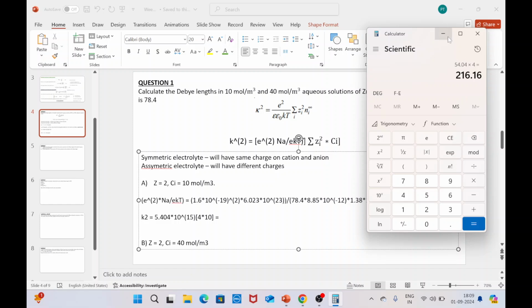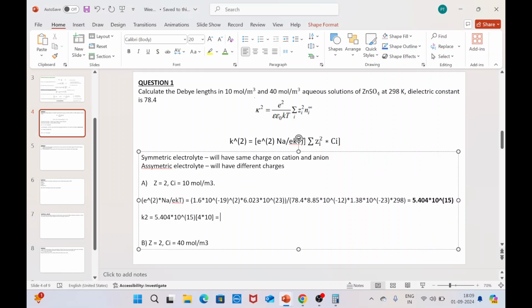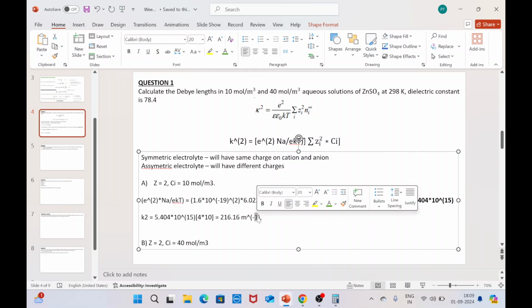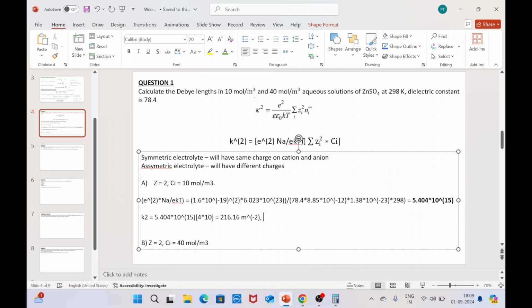It is coming around 216.16, and the units are meter power minus 2. Then the value of kappa will be the root of this.